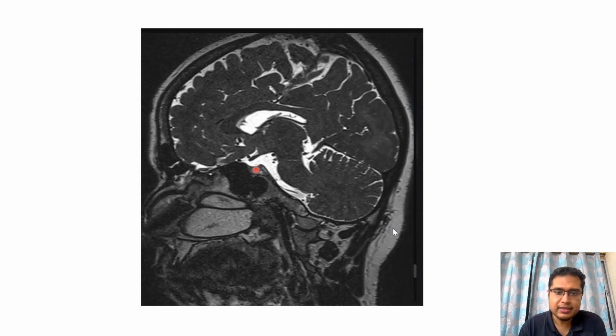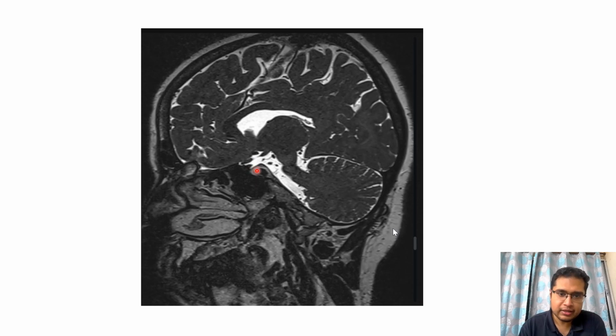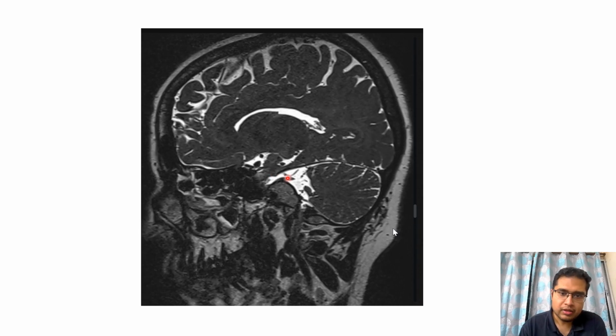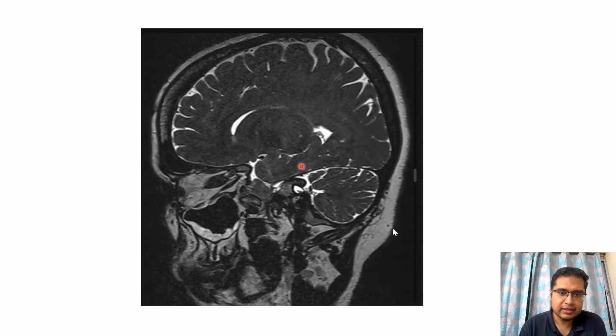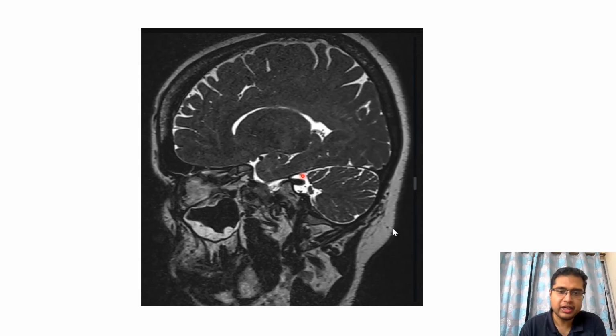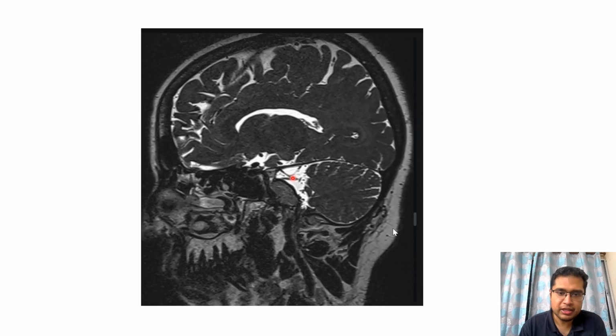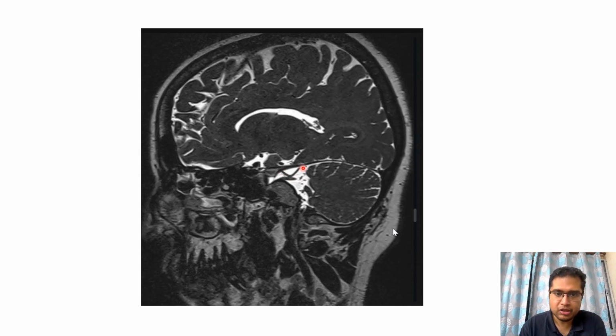What we can see here in this CISS sequence is that the fifth cranial nerve is being compressed by a loop of vessel here. You can see that this nerve is being compressed by a vascular loop. So this is called a neurovascular conflict.